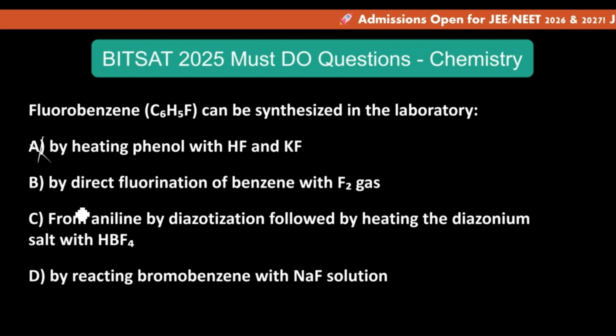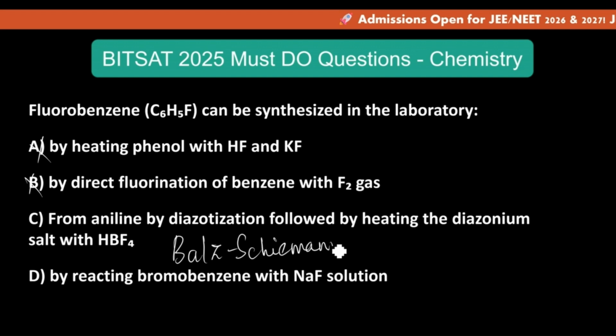Then the second one, direct fluorination of benzene with F2 gas. F2 gas is extremely reactive, that we know would cause very bad side reactions, right? So this will also not be possible. And from aniline by diazotization followed by heating the diazonium salt with HBF4, which is the Balz-Schiemann reaction.